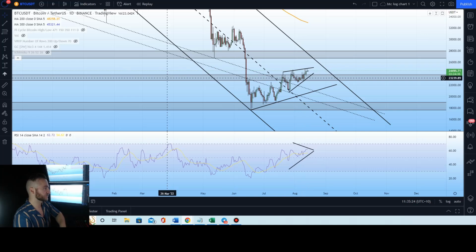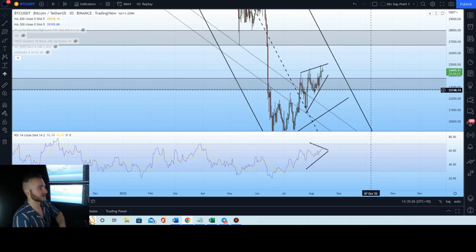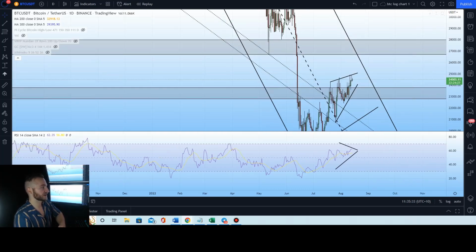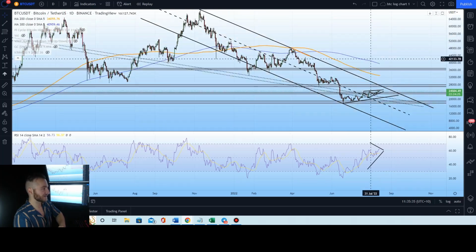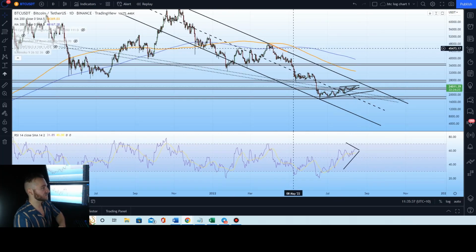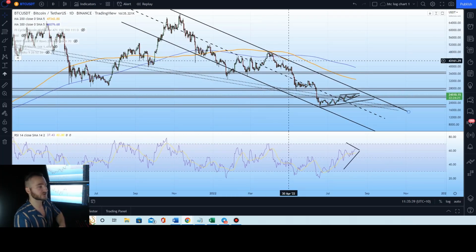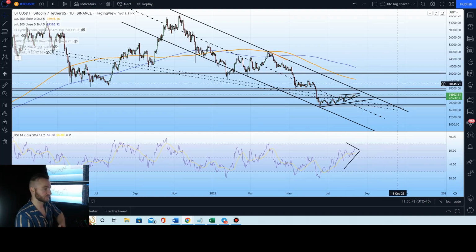Number two, the current range of 22,800 to 23,800 is currently major support. That is absolute, that is a known. Number three, we are still in a macro bear market. Number four, the downward diagonal resistance is still the major trigger for a confirmation of the next major move upwards.